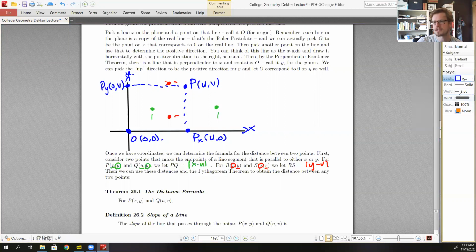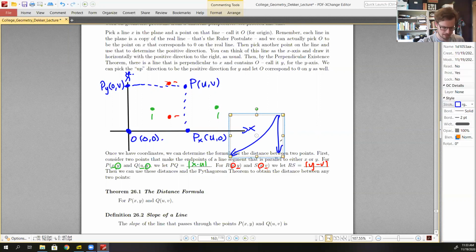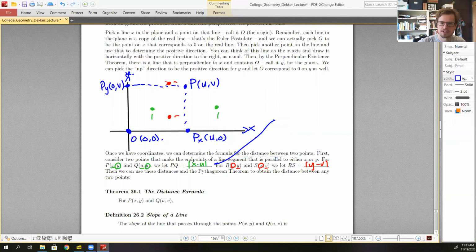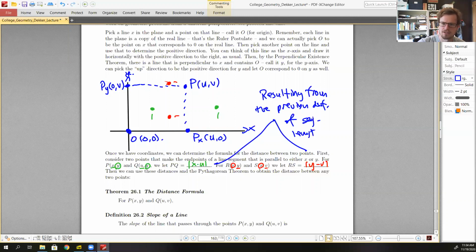Excellent. So those distances are pretty straightforward, and really both of these are resulting from the previous definition of segment length.